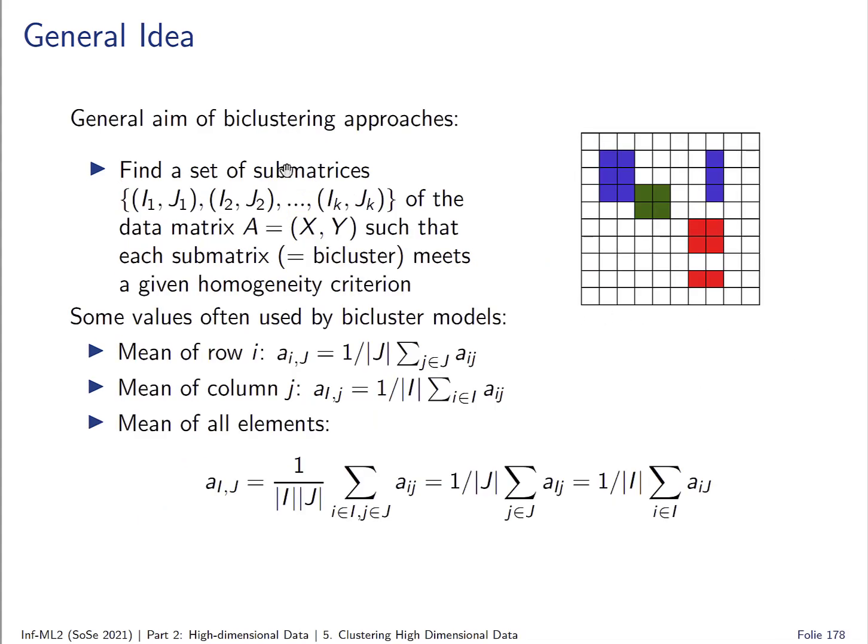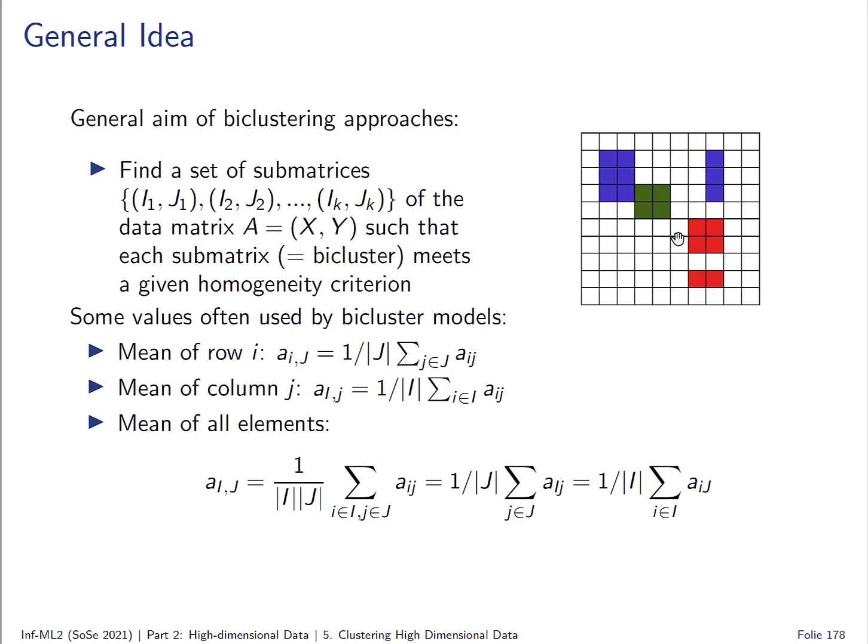Okay, so the general aim of those bi-clustering approaches now is to find sets of these submatrices, for example K submatrices of the data matrix, such that each submatrix is a bi-cluster and meets a given homogeneity criterion, so basically exhibits a given pattern.